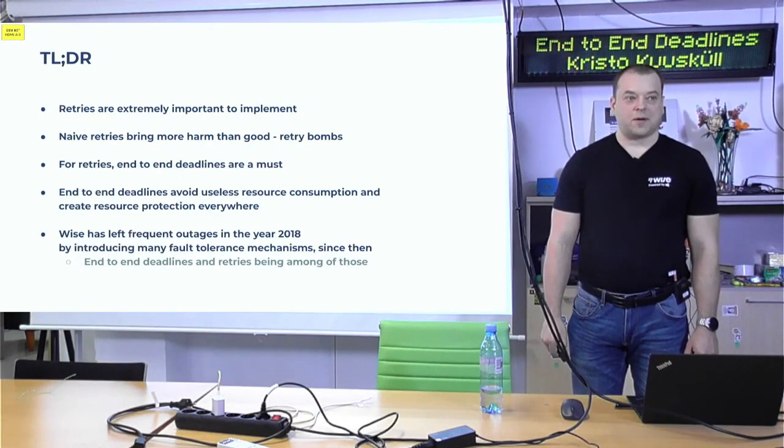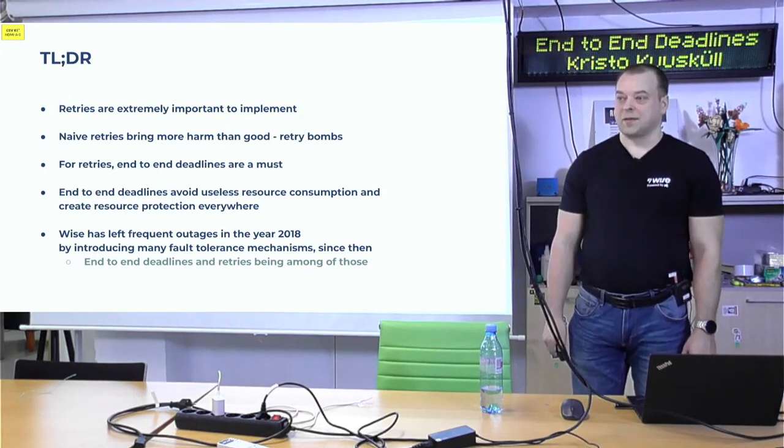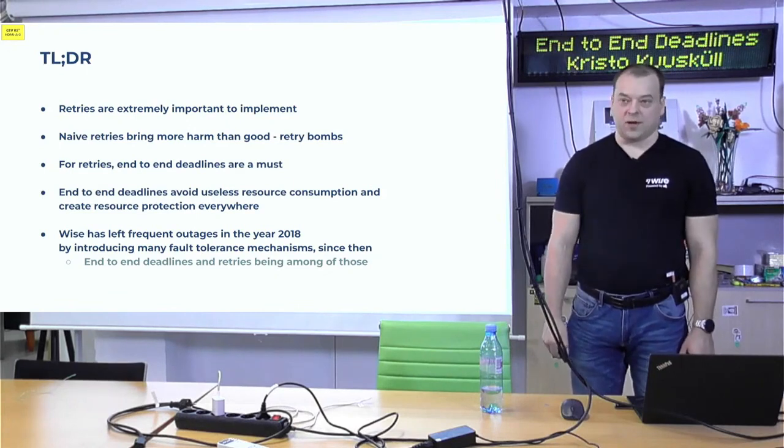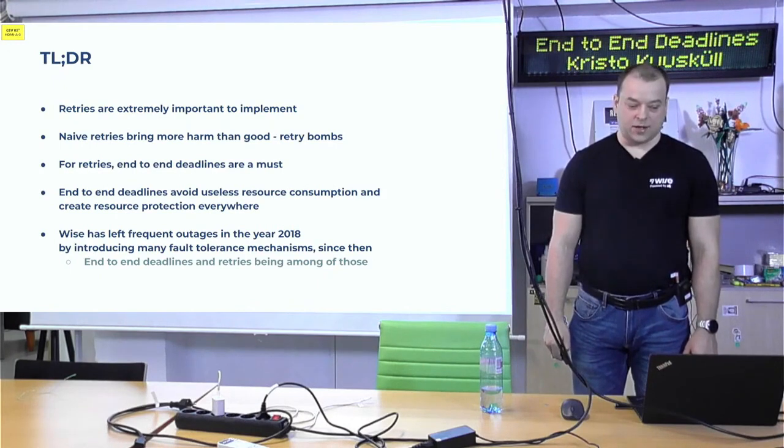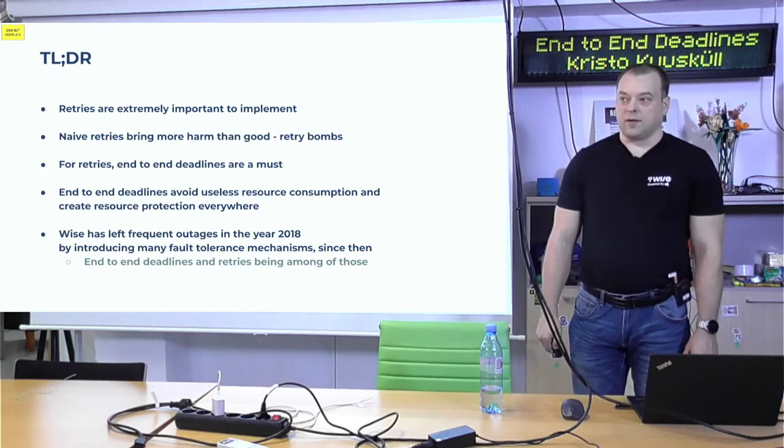So in summary, before questions, retries are useful, but only if you do them the right way, and deadlines are one of the right ways to make them easy. And it works for us.